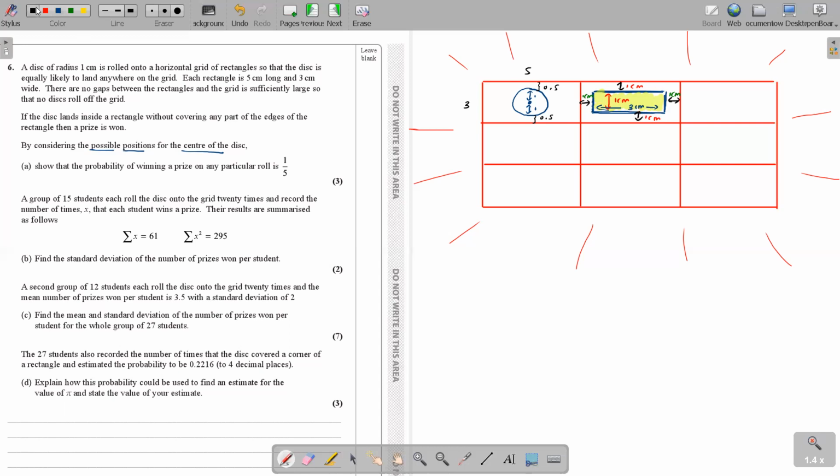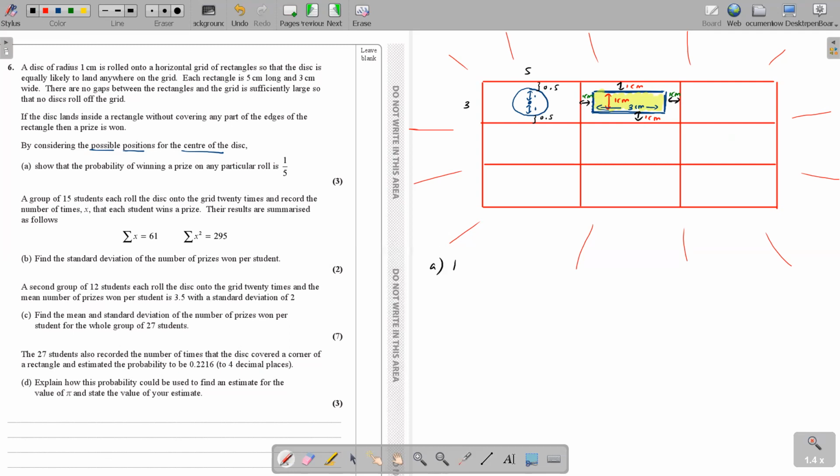So then you want to get the probability of winning on a roll. To win, your center has to land in the yellow color region, out of the total area, which is the full rectangle.